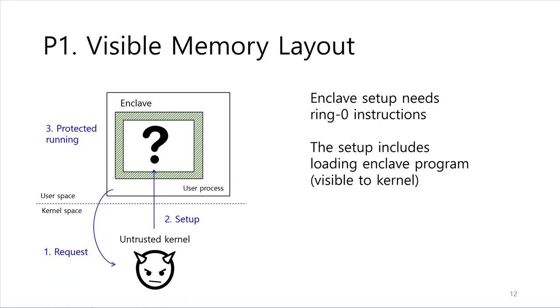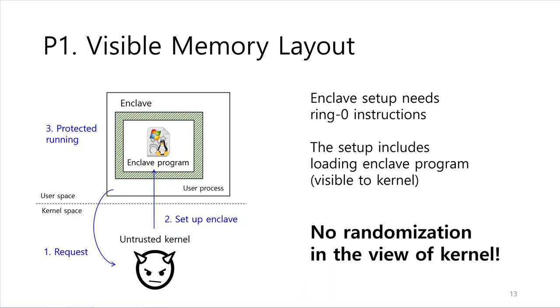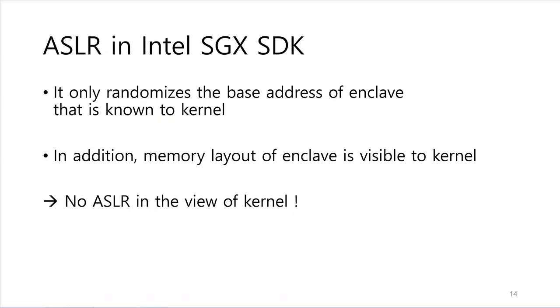And then after finishing the initialization, the CPU guarantees the confidentiality and integrity. However, as I explained, the memory layout is completely visible to the kernel. In the current Intel SGX SDK, it randomizes only the base address.